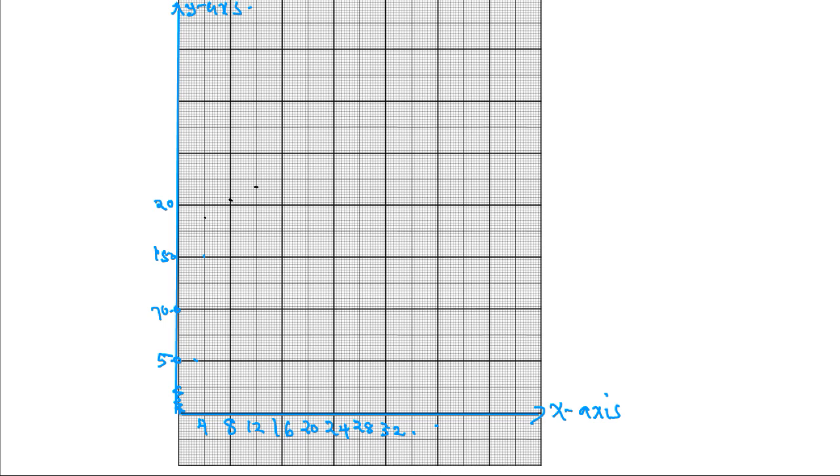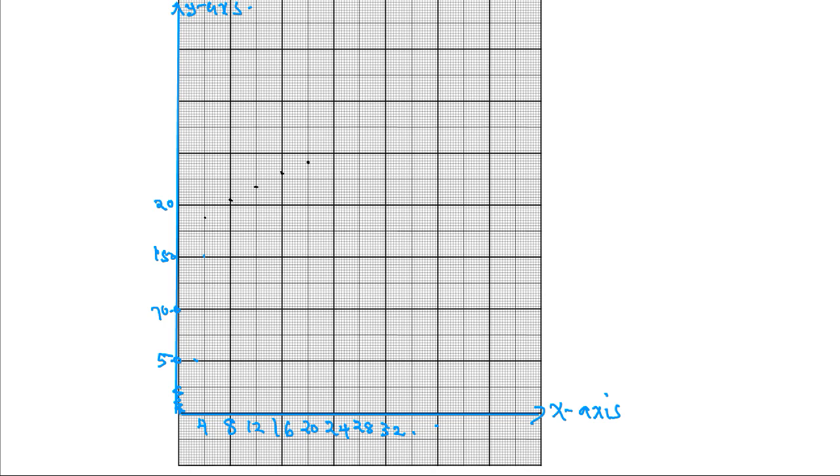That line. Then we have 16, 22.5. Same line. Then we have 20, 23.5. Here that's a 23.5.